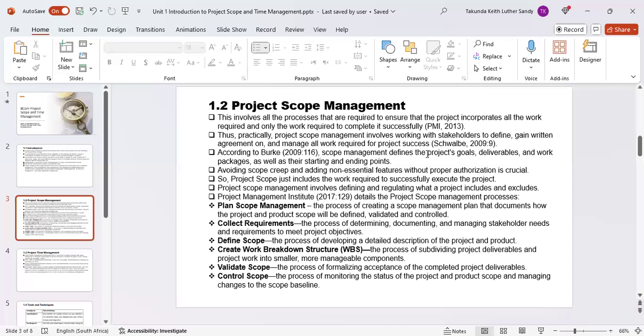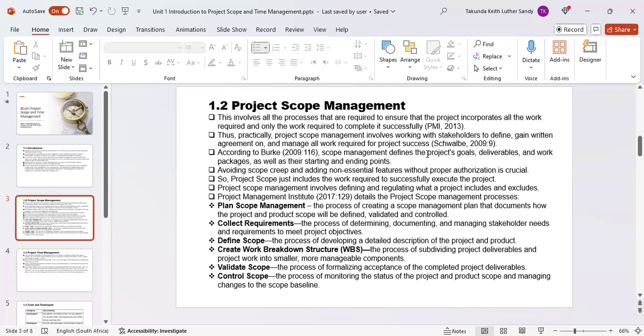Okay. Then you look at define scope. In this process, you'll be developing a detailed description of the project and the product that you want to execute or implement in your project. Then you create the work breakdown structure. On that one, you just subdivide the deliverables or work packets into smaller, more manageable components that you use.